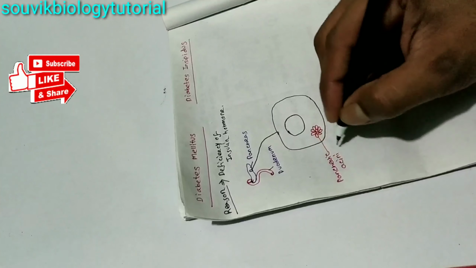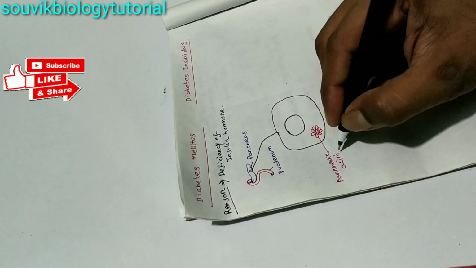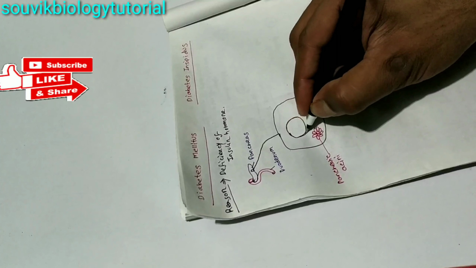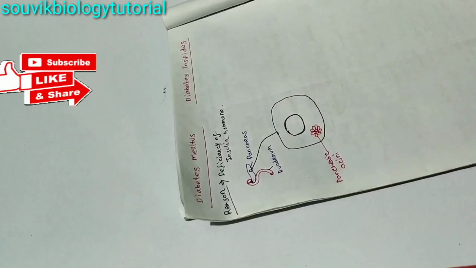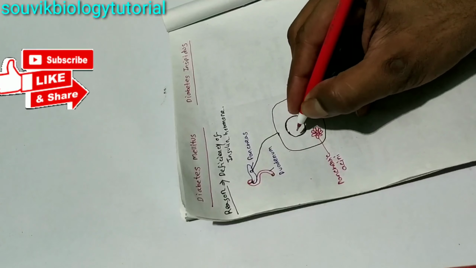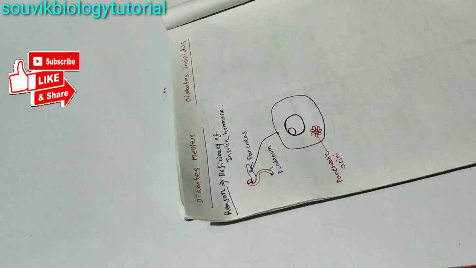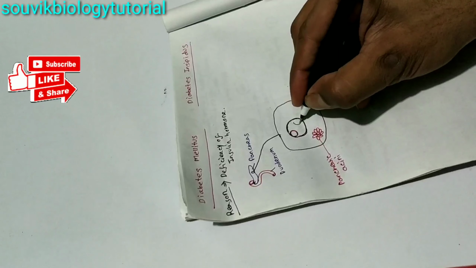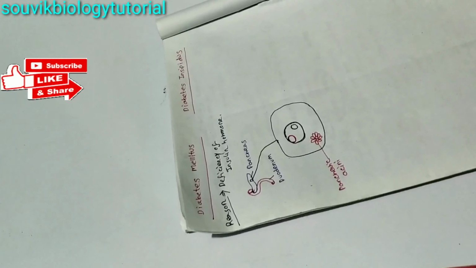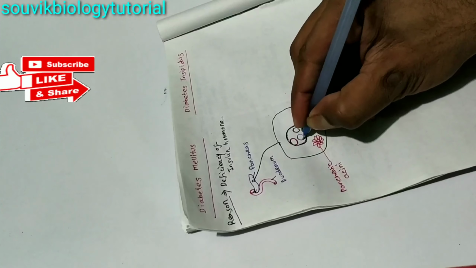Pancreatic acini is part of the exocrine part of the pancreas, and this is the endocrine part, which contains different kinds of cells. This is one kind of cells, the red one. The black one, another kind of cells. The blue one is another kind of cells.